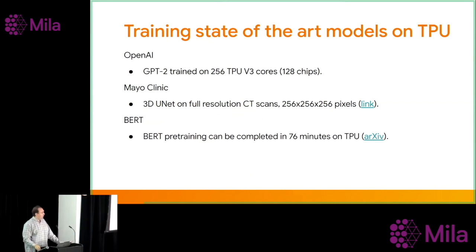Prior to this, when they were running on GPUs, they could only train their image segmentation models on 128 by 128 by 128 images. By scaling this up onto TPUs, we were able to give them a model which trained faster than GPUs, trained on larger images, and got better accuracy because of that, because you can see more.